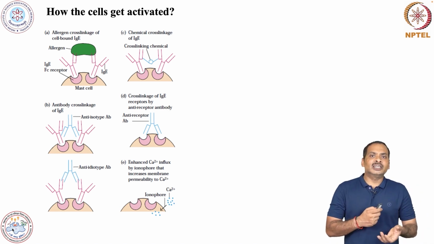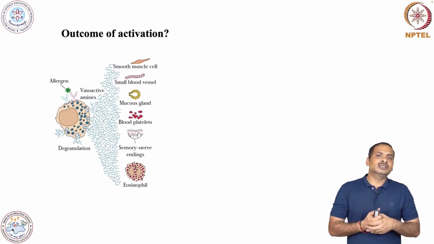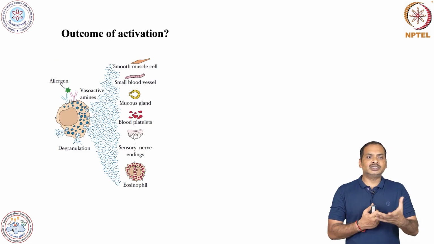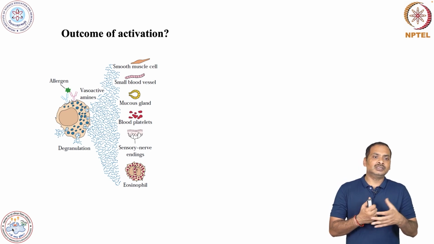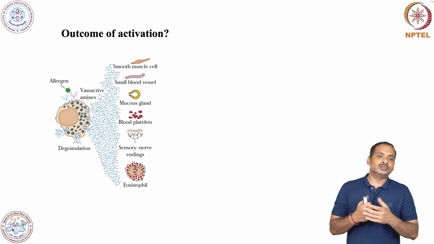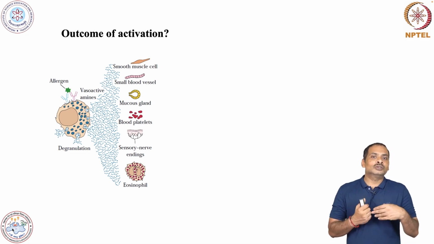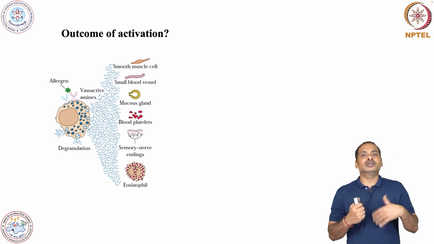And when degranulation happens, what will happen? It will cause a variety of things. It will act on smooth muscles, causing contraction of smooth muscles. It will also act on blood vessels and on mucus glands. When it acts on mucus glands, they start making a lot of mucus.